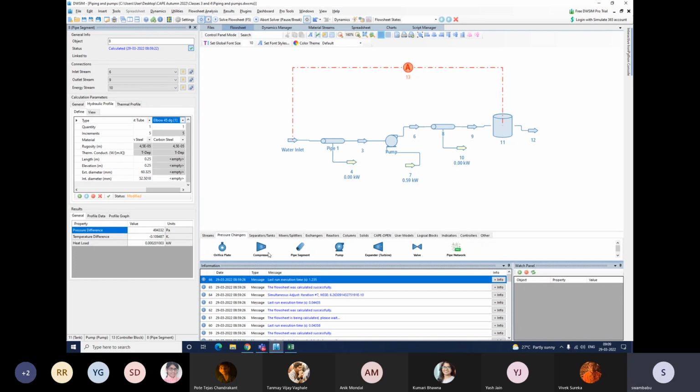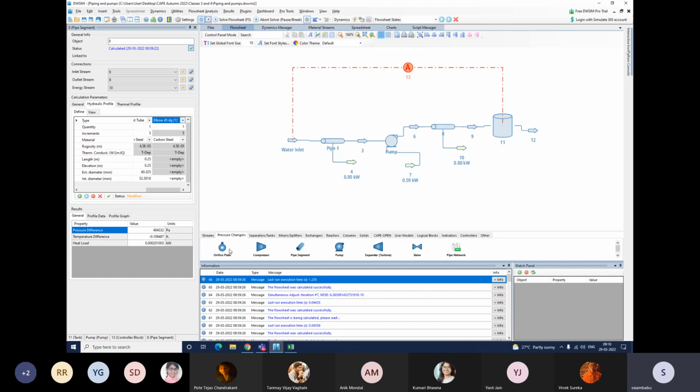I have only shown the pipe segment and pump. Similarly, a compressor is the same; a compressor is used for gases, and an expander uses a high-pressure stream to generate power. We use the expander or turbine. And again, we can put control valves in the piping network. These are all similar features and you can explore.